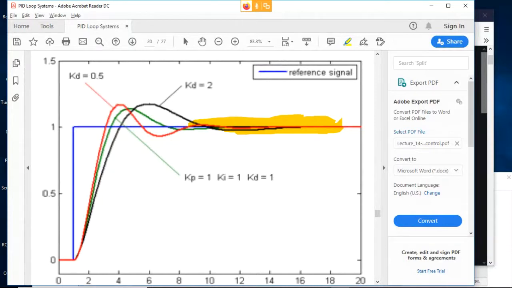But you can use the derivative to slow down the response. The idea of the derivative is you're looking at how fast it is changing, and it's changing really, really fast. But if we increase our gain on the derivative, then maybe we can slow down the system some. So we use the derivative piece to slow down the system.